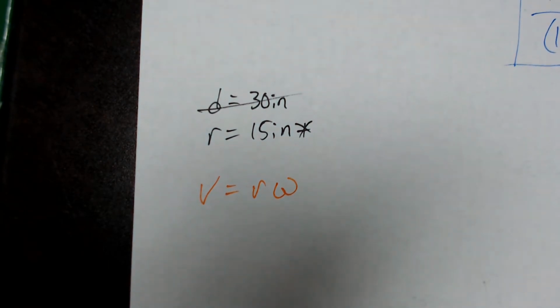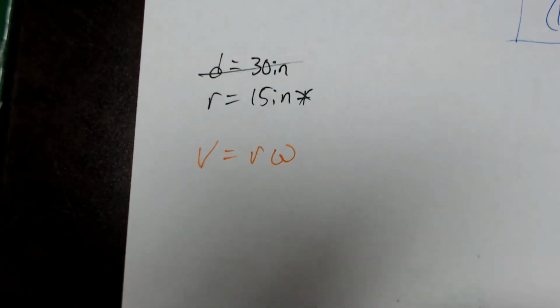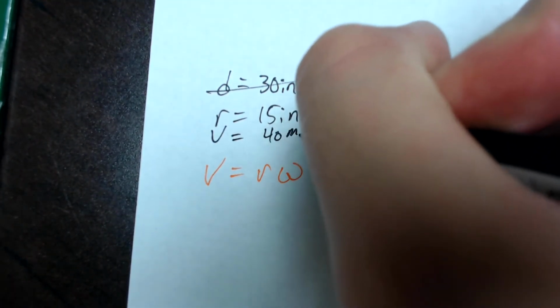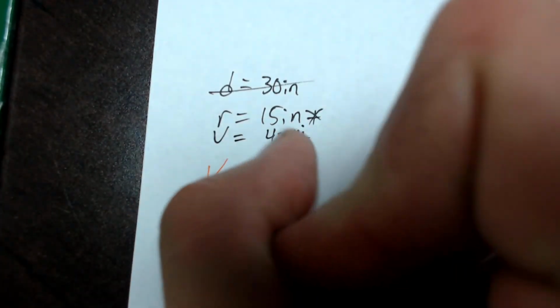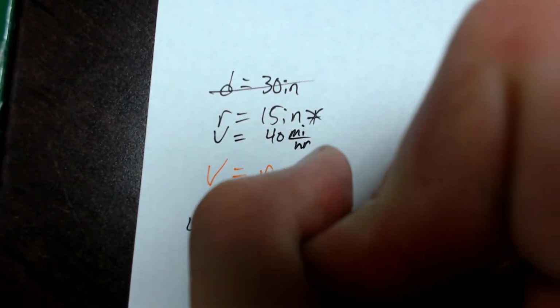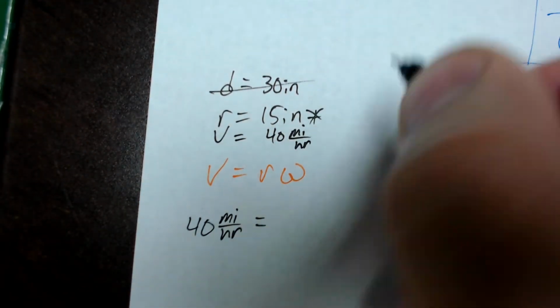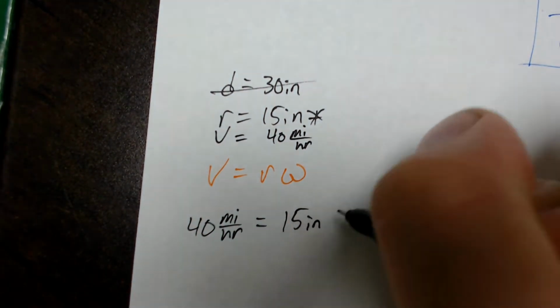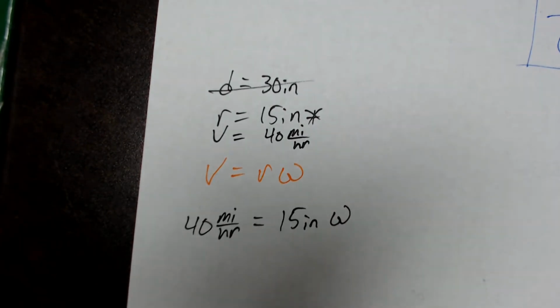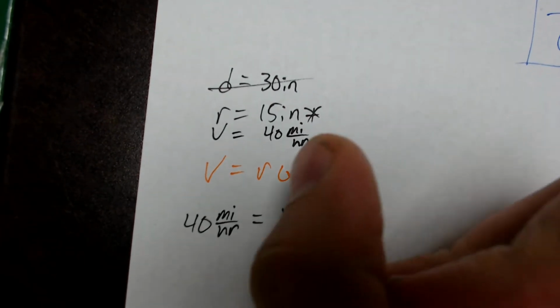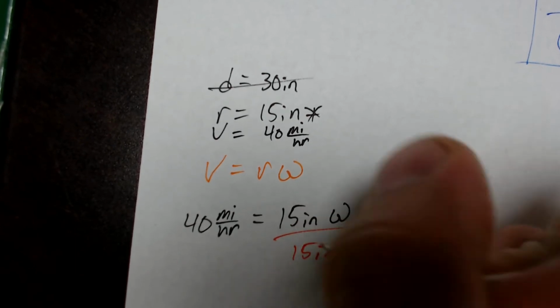In this case, our linear velocity is 40 miles an hour, that's miles over hours. If I substitute in, it would be 40 miles over hours equals 15 inches times omega. So to solve for omega, I would divide each side by 15 inches.